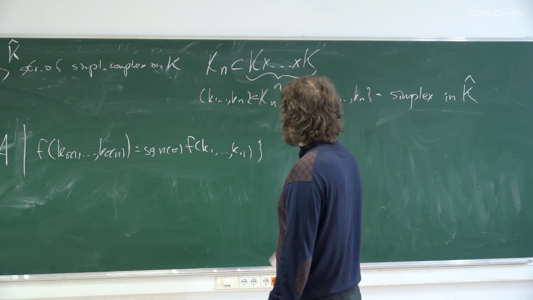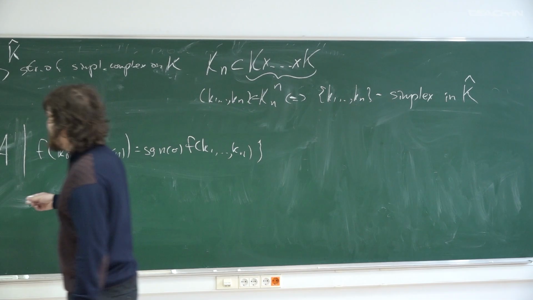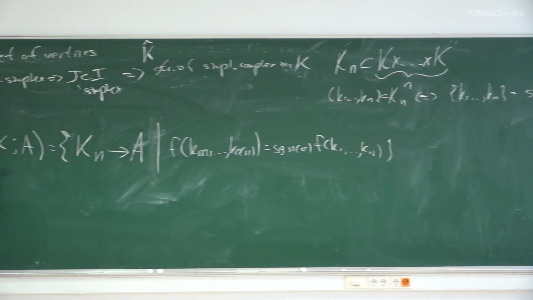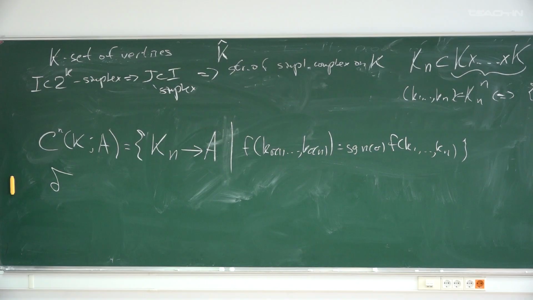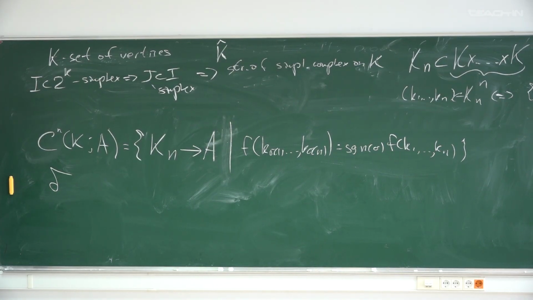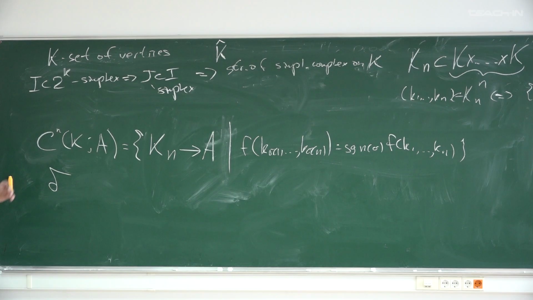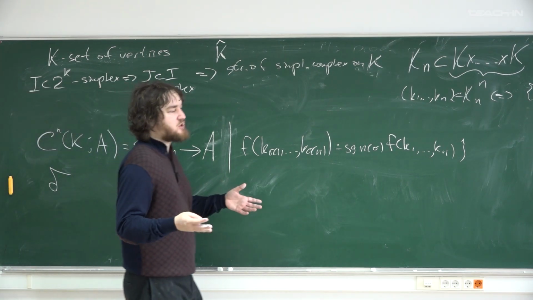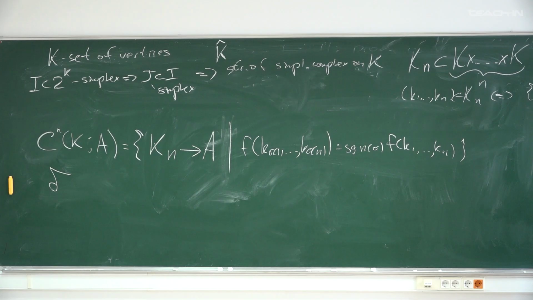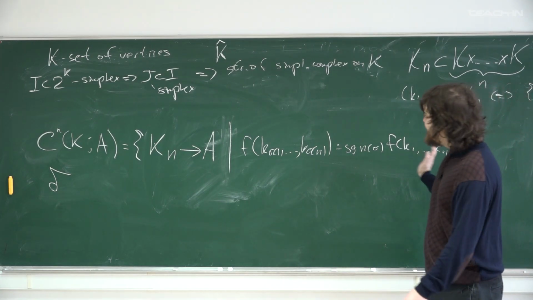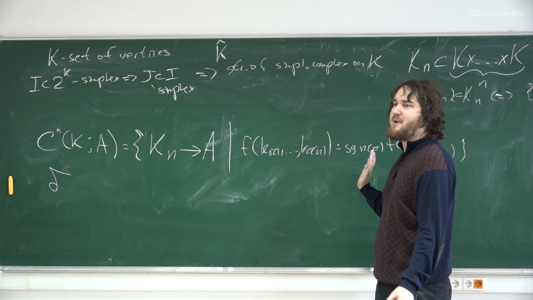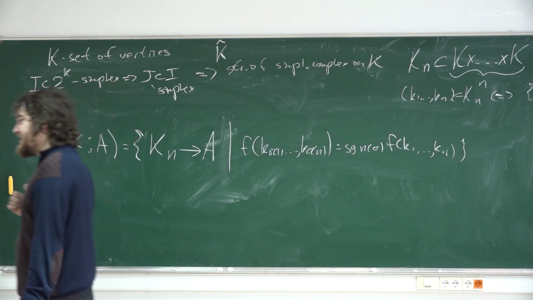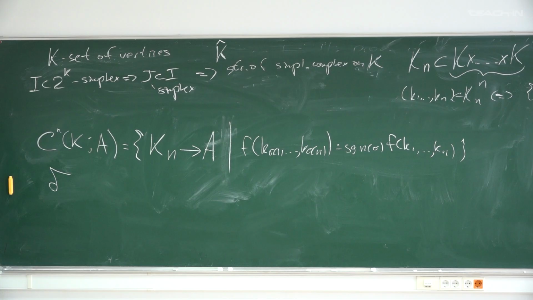It's a fact about simplicial cohomology: when you consider simplicial cochains, you can assume that they are skew-symmetric, because they are automatically skew-symmetric on cohomology. It's an exercise, if you want. So you can assume that they are skew-symmetric originally; the cohomology does not depend on this assumption.